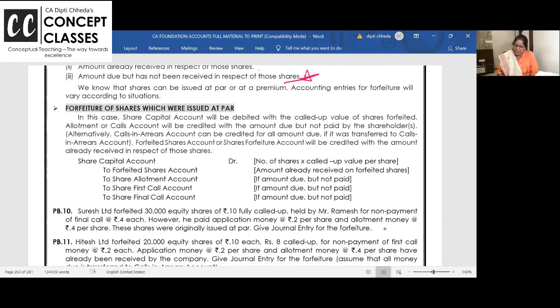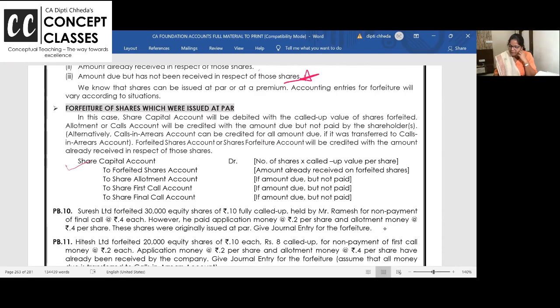ये देखो. Share capital debit, number of shares into called up: application, allotment, first call, तब तो हो गया था ना? So in short, dear students, application to equity share capital, allotment to equity, first call, equity में drop कितना था? See the drop box, equity share capital, reverse it, empty it.